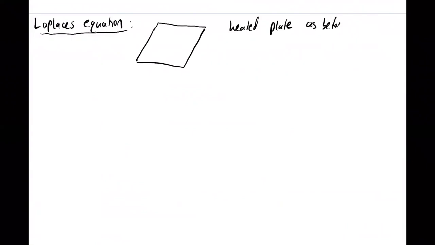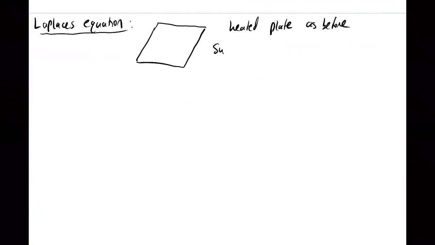It is best thought of in terms of the example we just saw before, right? So consider a heated plate. Maybe there are some different heat sources on this metal plate, and then you let time evolve and the heat is spreading out.